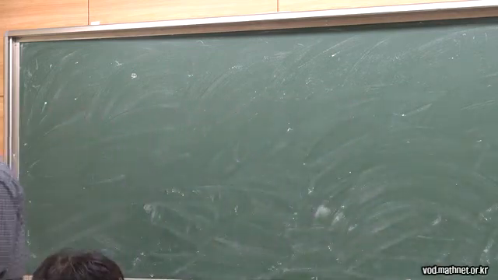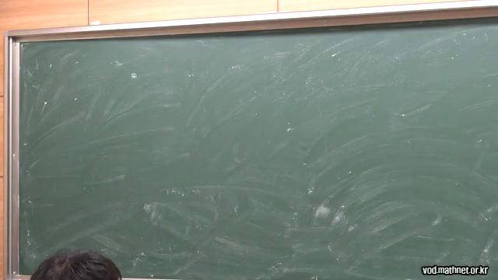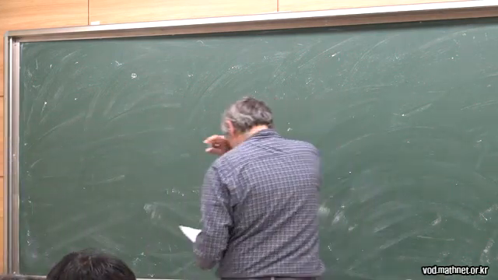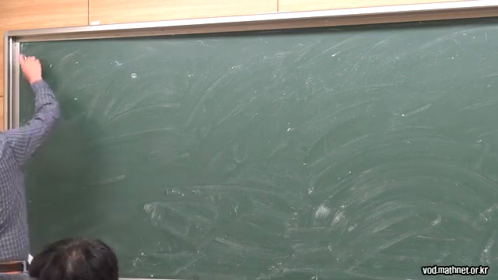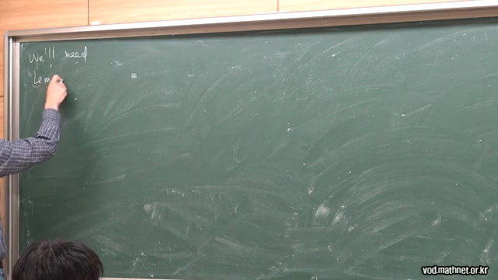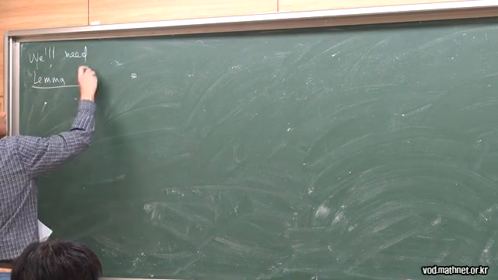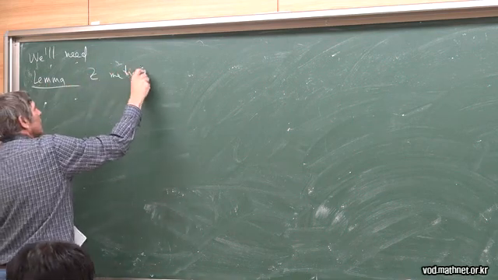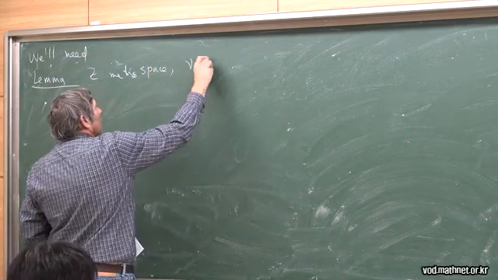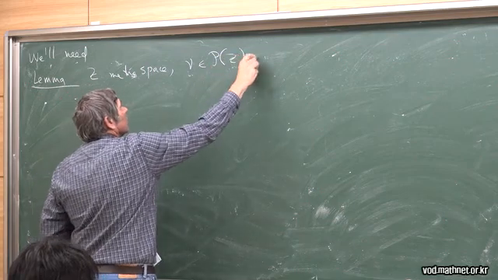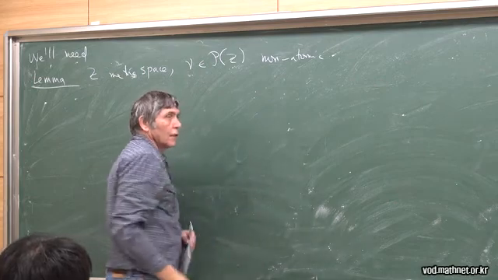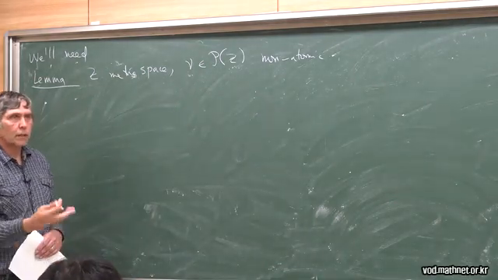So let me just state it, and then I think the rest is going to be more or less all little geometry, hyperbolic geometry. Okay, so we'll need the following lemma. Z is a metric space, and I have a non-atomic probability measure. So you already know what this is going to be, right? Z is going to be the boundary of the hyperbolic space, and mu is going to be the hitting measure.